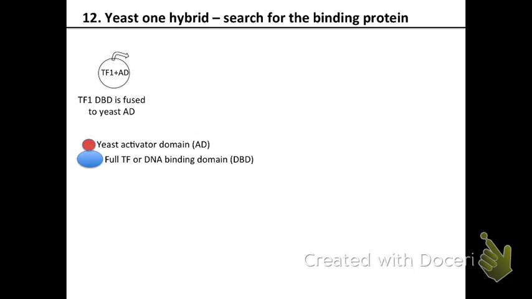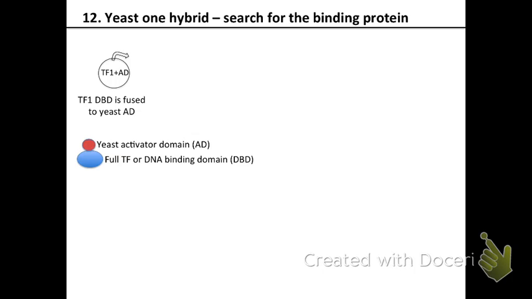Even if it binds, if it's not capable of working with the yeast transcription machinery, it's not going to activate the transcription. Does that make sense? So what you have to do is you have to trick this.